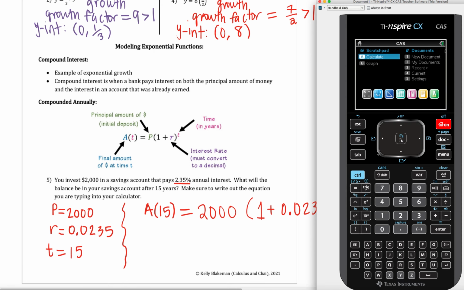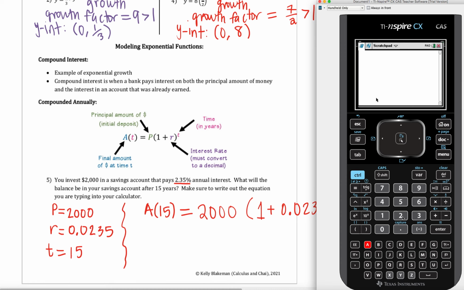From the home screen of the calculator, we're going to go to A for calculate. I'm going to start typing in with the 2,000. Now, I don't type in the A of 15 because that's what I'm trying to find. I want to type in the expression that I want the calculator to simplify for me.